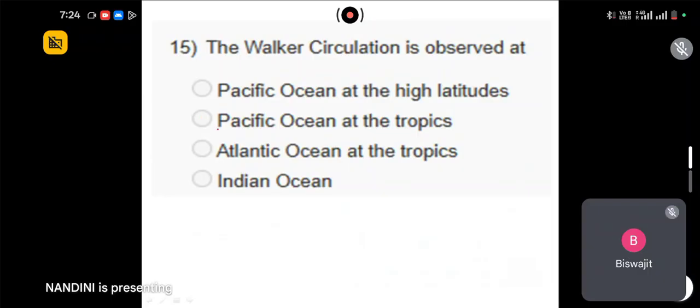So it is the equatorial Pacific Ocean. Whenever I say equatorial Pacific Ocean, so Pacific Ocean at the tropics is the correct answer.